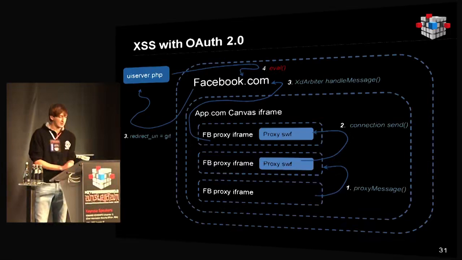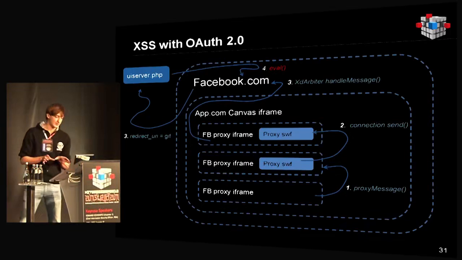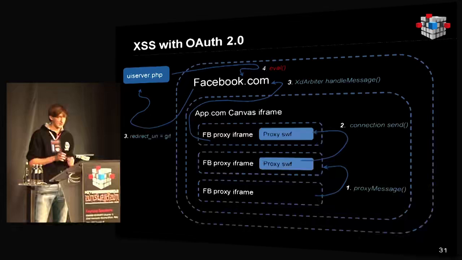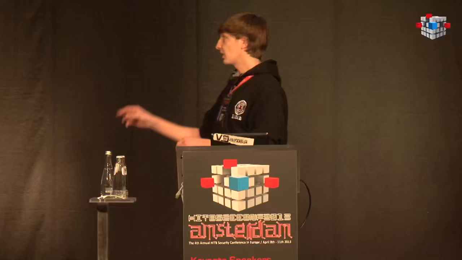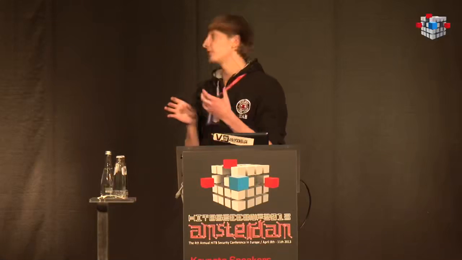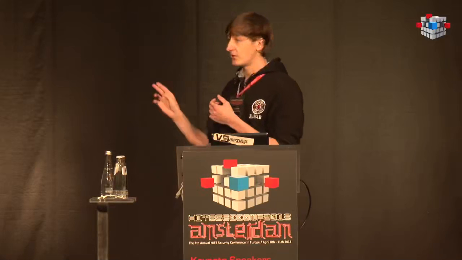So I just insert two iframes with the two SWF iframes, and I insert a third iframe, which starts the flow. Actually, the upper iframe and the middle iframe think that they are connected.